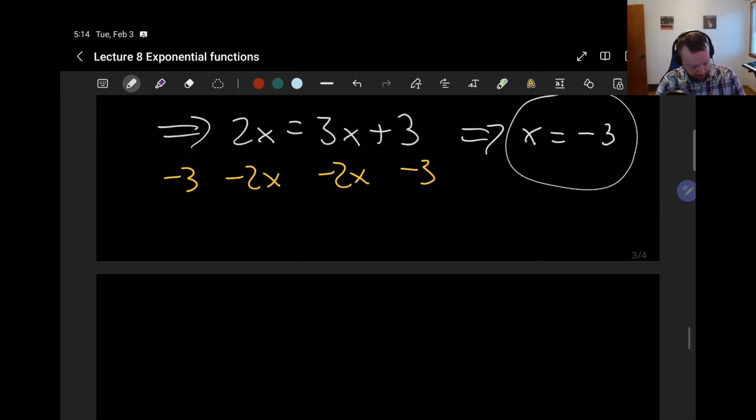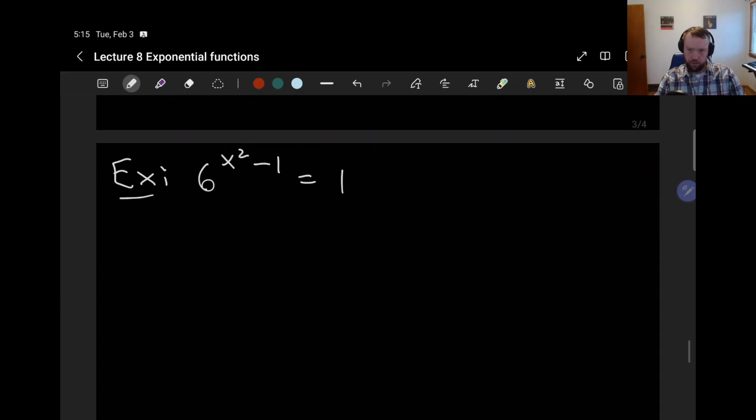Last problem. Now this one is a little harder to see how you can get a common base. At least that's true at first. But once you know the trick, it's not too bad.